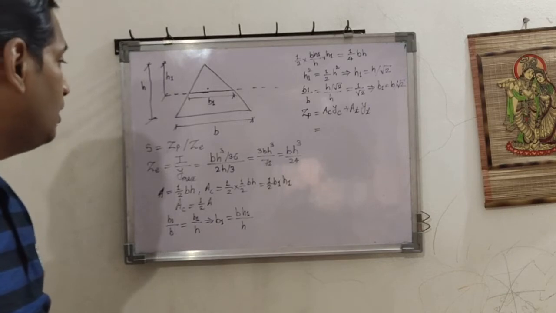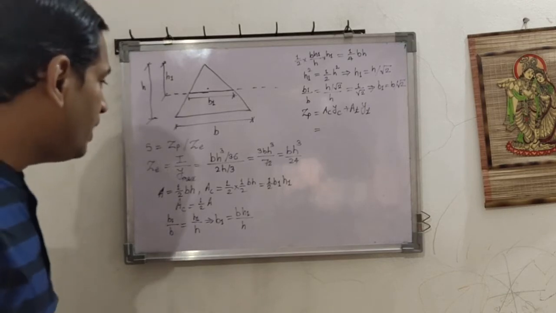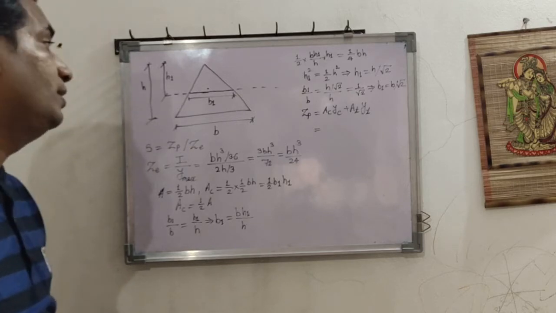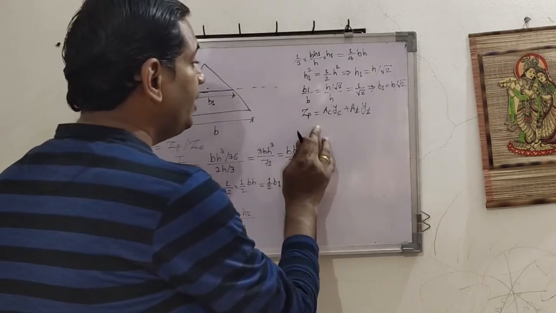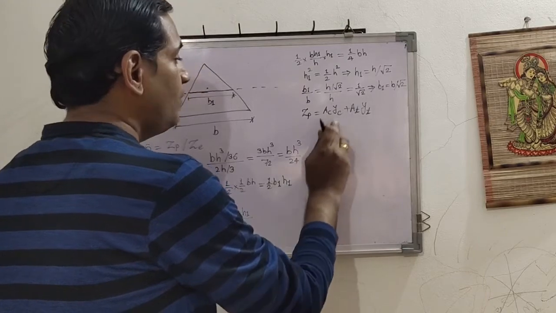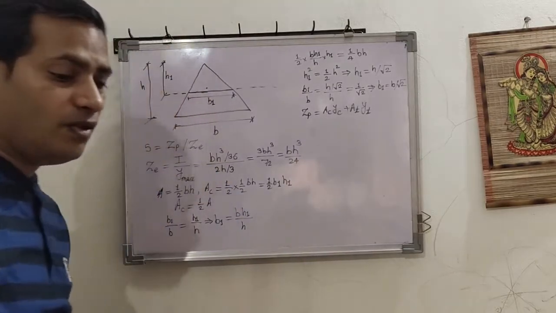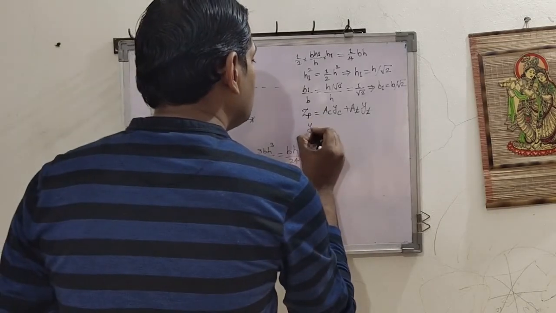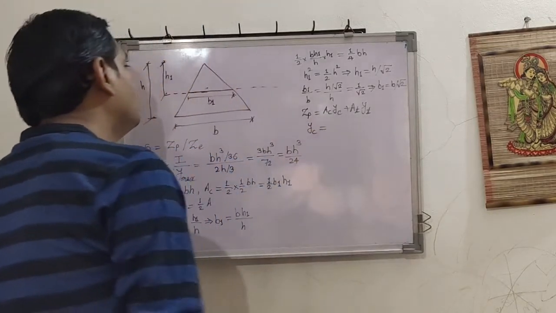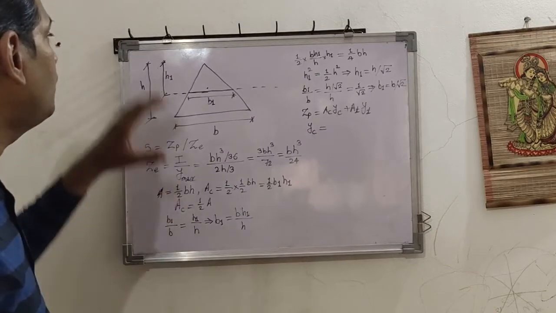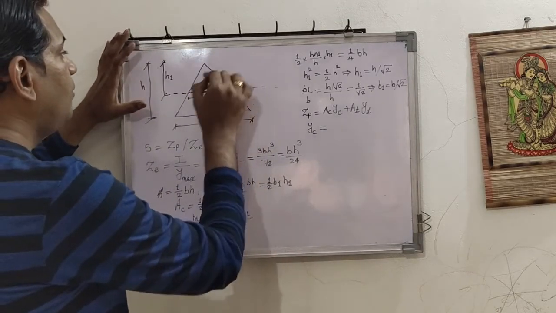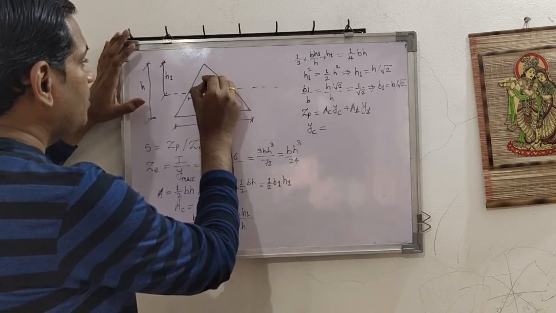And before that, we need to find YC and YT. Instead of AC and AT, which we already know, we will first of all find YC and YT. So what is YC? YC will be the centroidal distance of this triangle from the plastic neutral axis.